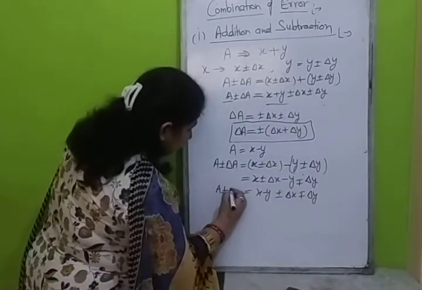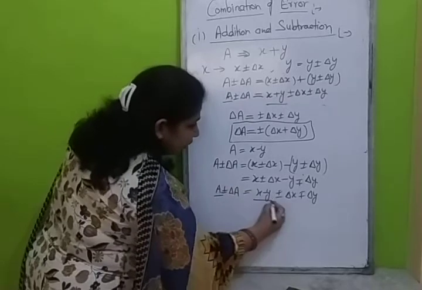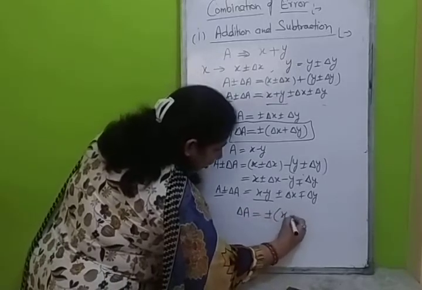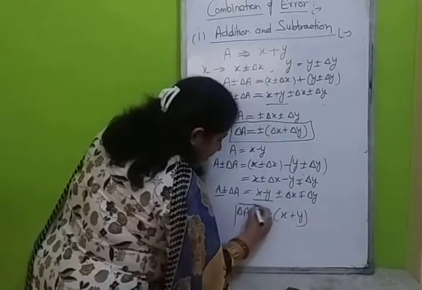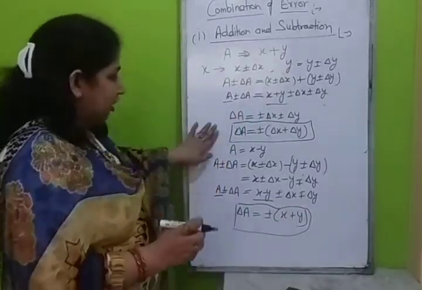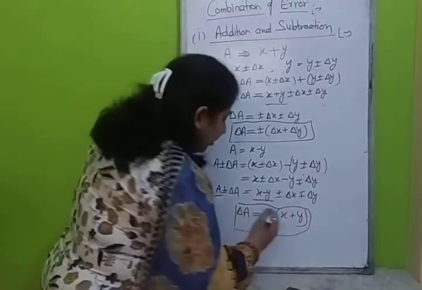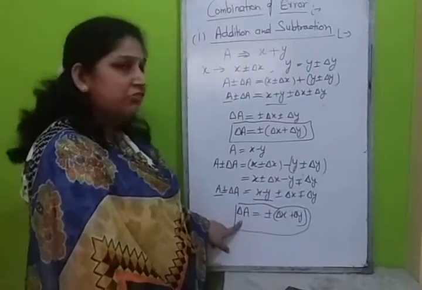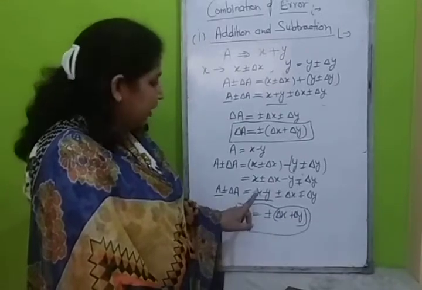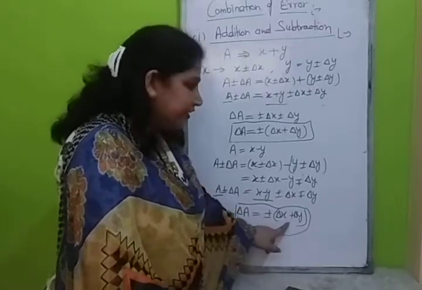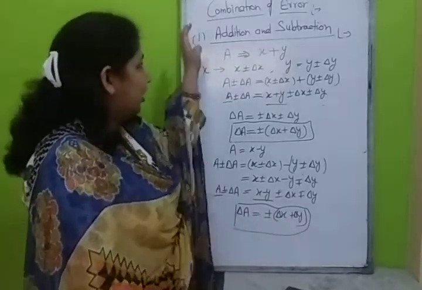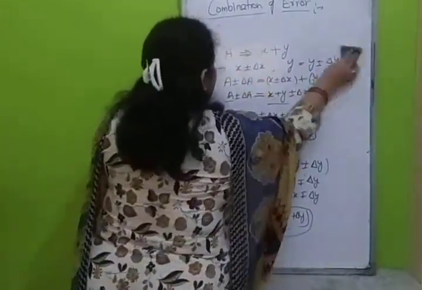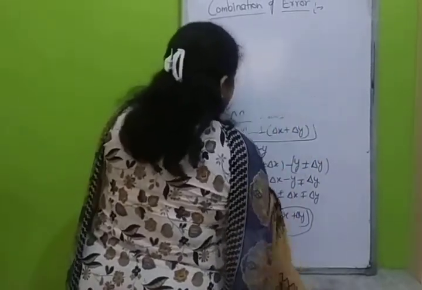On comparing, A is equal to x minus y means delta A is equal to plus minus, taking the common, delta x plus delta y. Means for addition or for subtraction, the error will add up. The resultant error of any measurement during addition or subtraction will be equal to the sum of individual errors. Whether it is addition or subtraction. Got it? Next, second application: we will do multiplication and division.